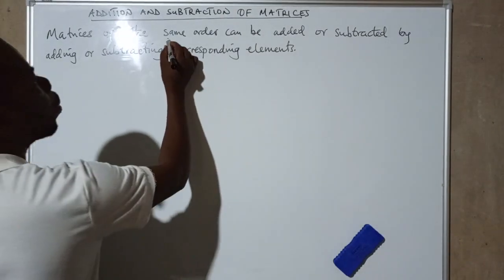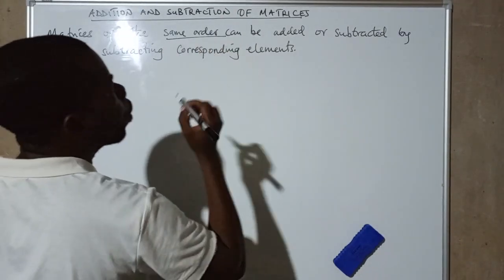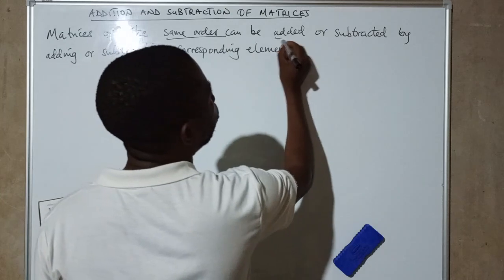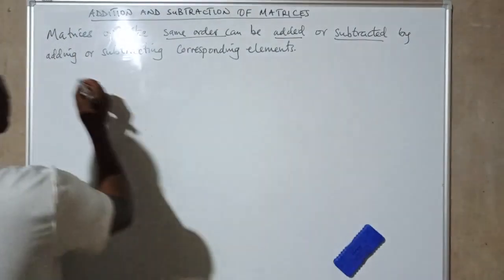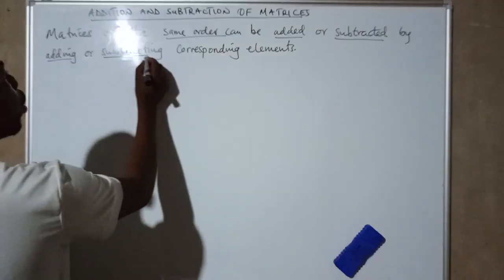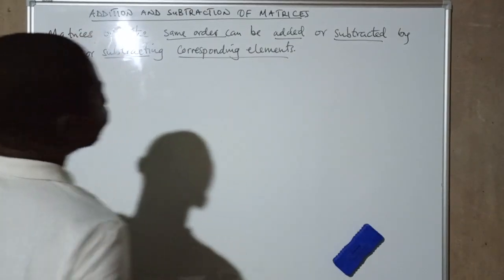So if we have matrices which have the same order, we know that it is possible to add or subtract them by how? By either adding or subtracting corresponding elements.